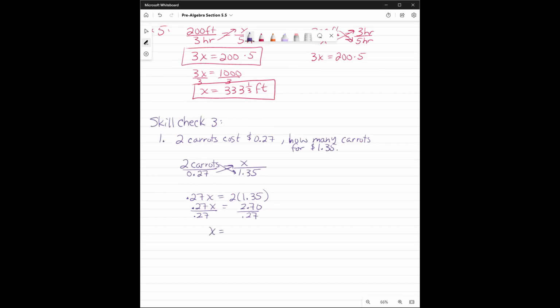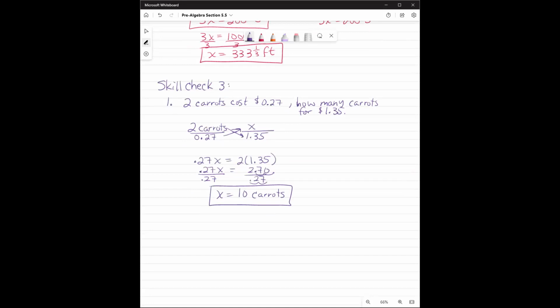All right, so x equals, if I move that decimal 2, I have to move that decimal 2, so that's like 270 divided by 27. 27 goes into 27 one time and 0, so 10 carrots. Is that the answer? Yes, 10 carrots.